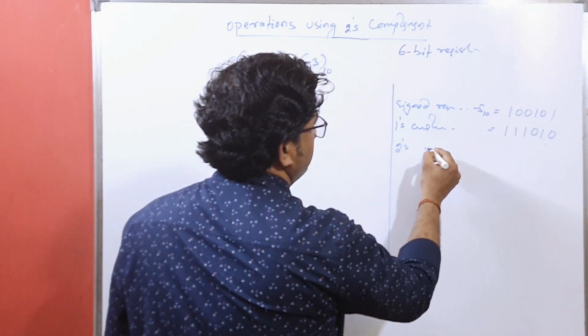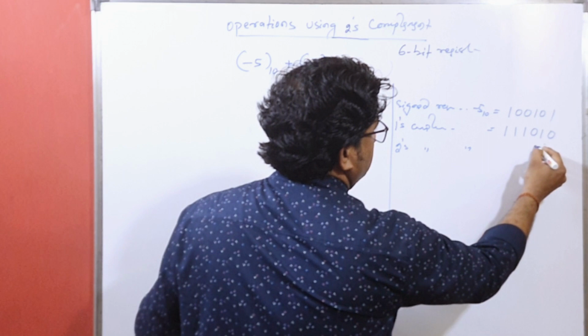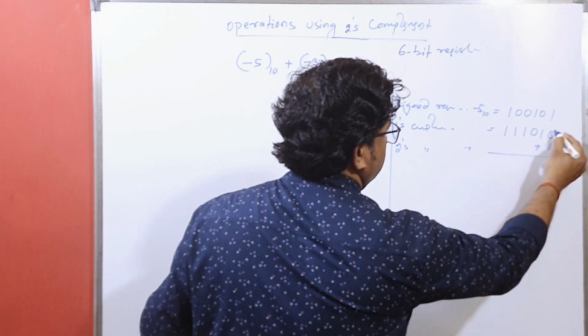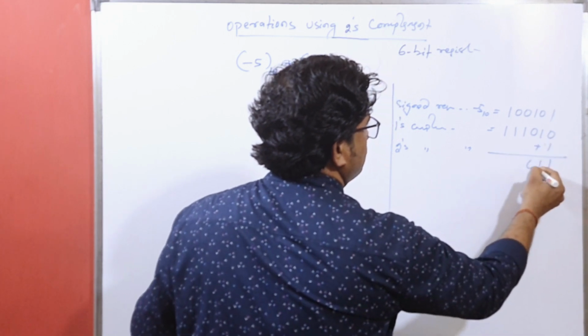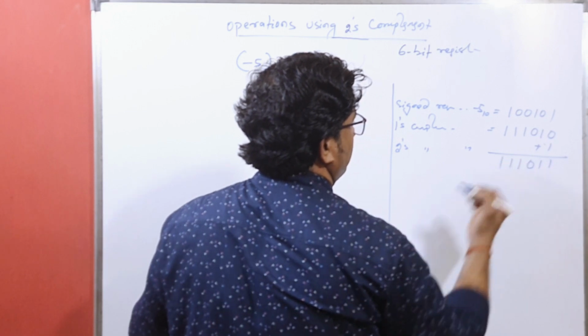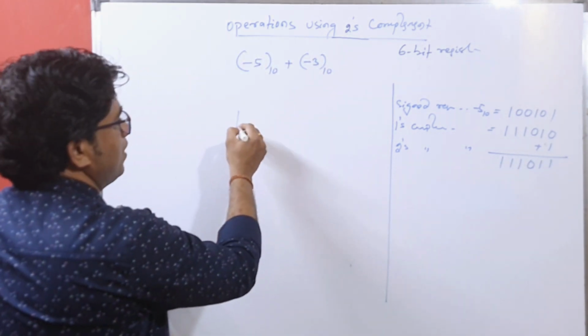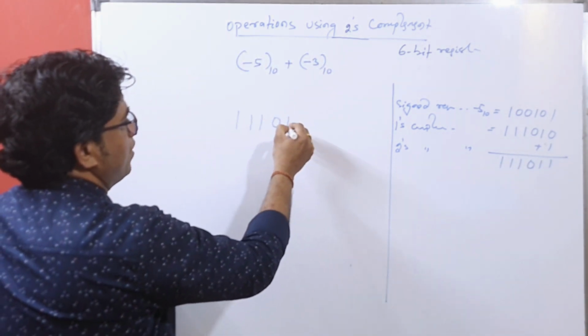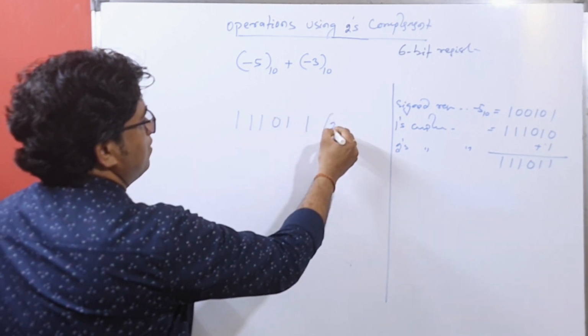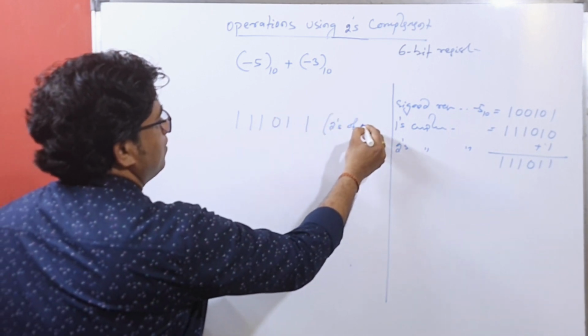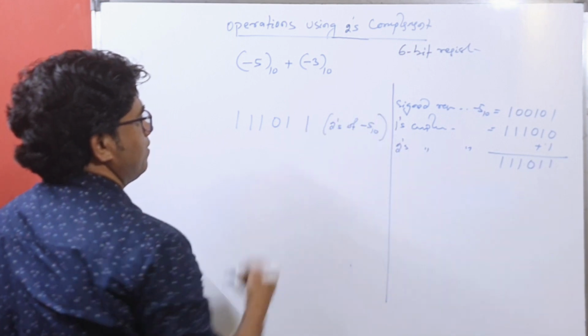And then the 2's complement of minus 5, simply add plus 1 here, right? So this is 1 1 1 0 1 1. So I simply place here 1 1 1 0 1 1. That is the 2's complement of minus 5 base 10.